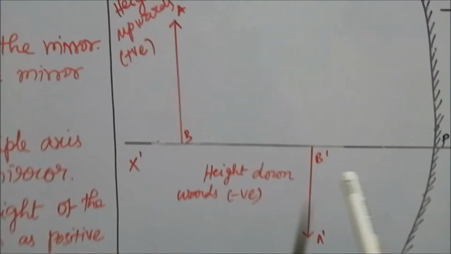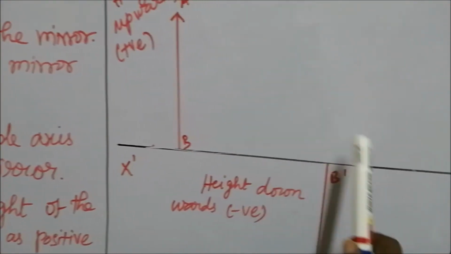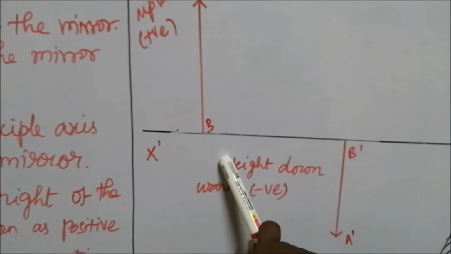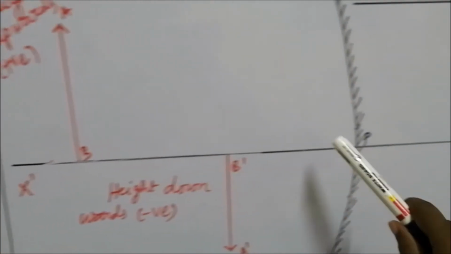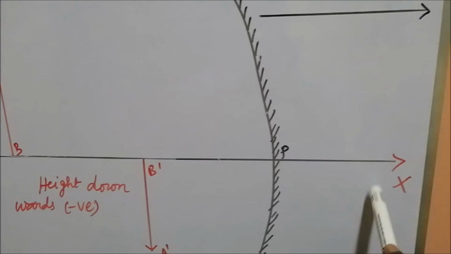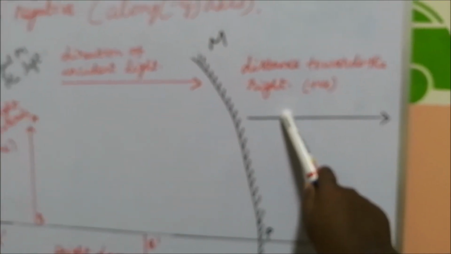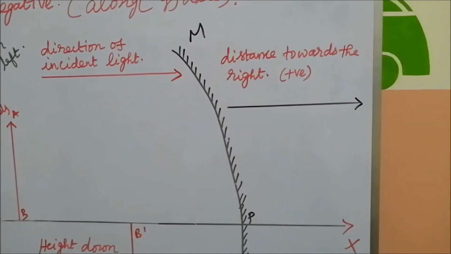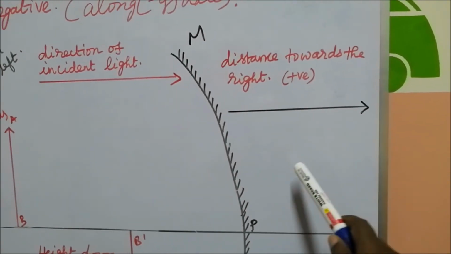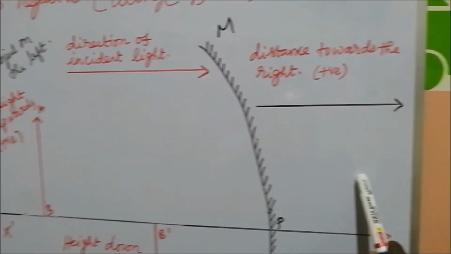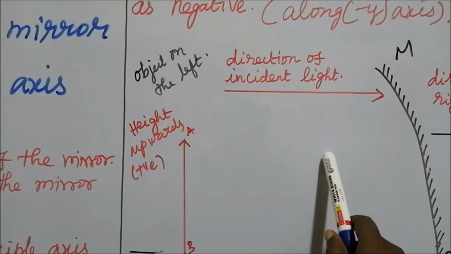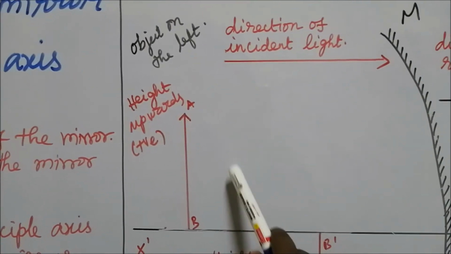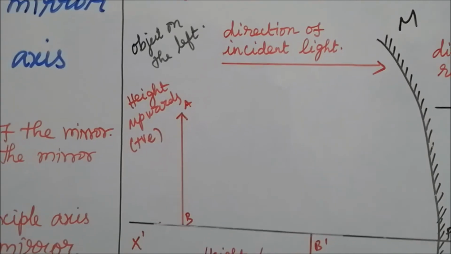So if we take the distance from this side, that is left of the origin, it is taken as negative, and right of the origin is taken as positive. The distance towards the right is taken as positive, and the distance towards the left is always taken as negative.